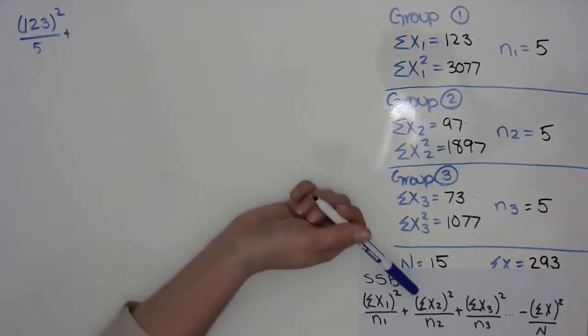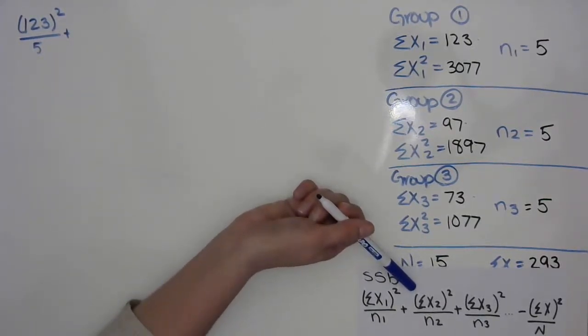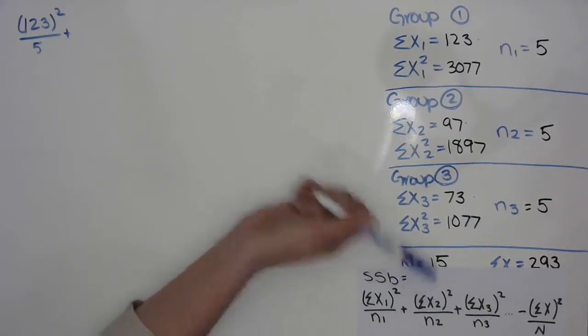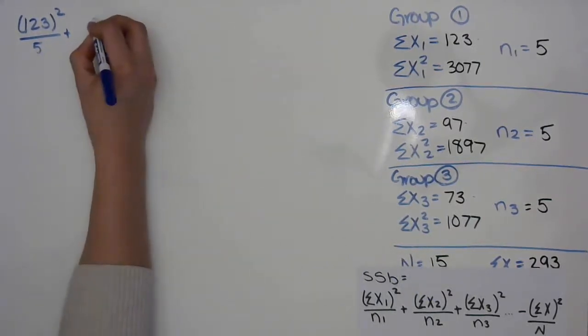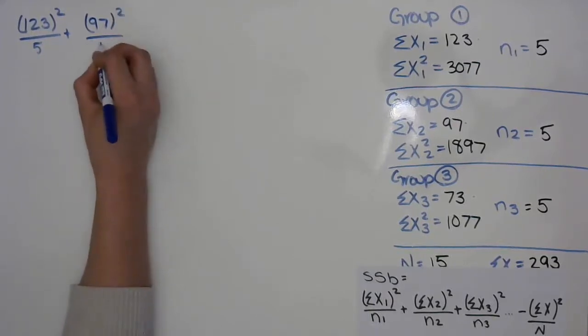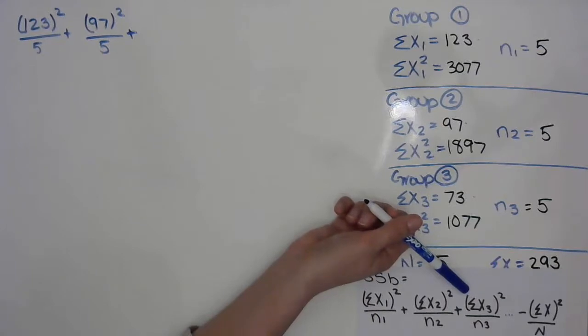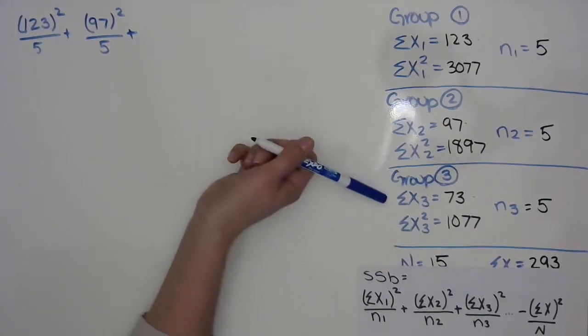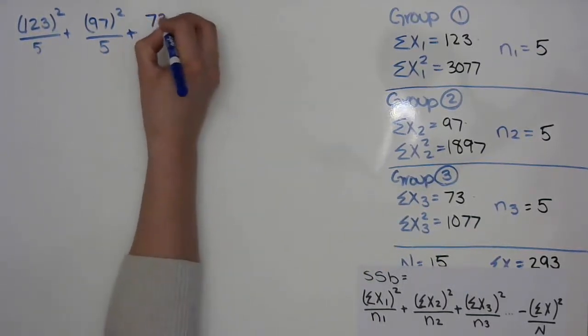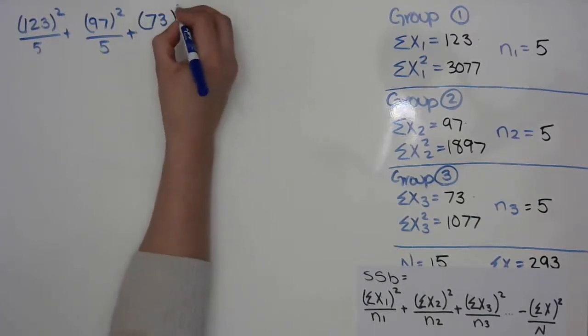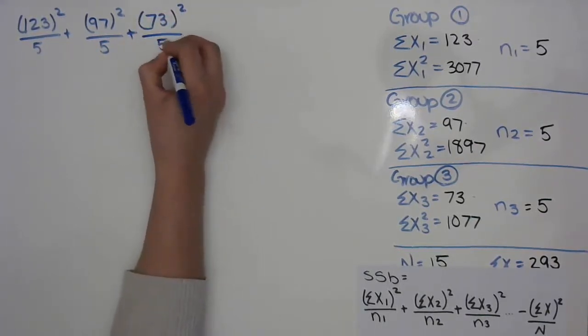And then we are going to add that to the sum of raw scores for group 2, this value here. So we've got 97, squared, and then over 5. And lastly, we're going to do the sum of raw scores for group 3, which is 73 squared, and that's going over our n value as well.